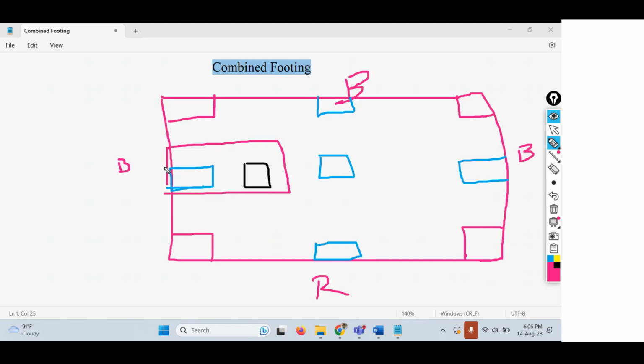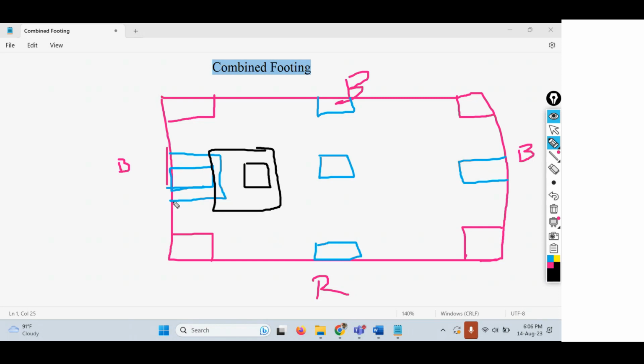Now, what is the advantage of providing a combined footing? Suppose you are providing only isolated footings: this one has an isolated footing, and the black column also has one isolated footing.